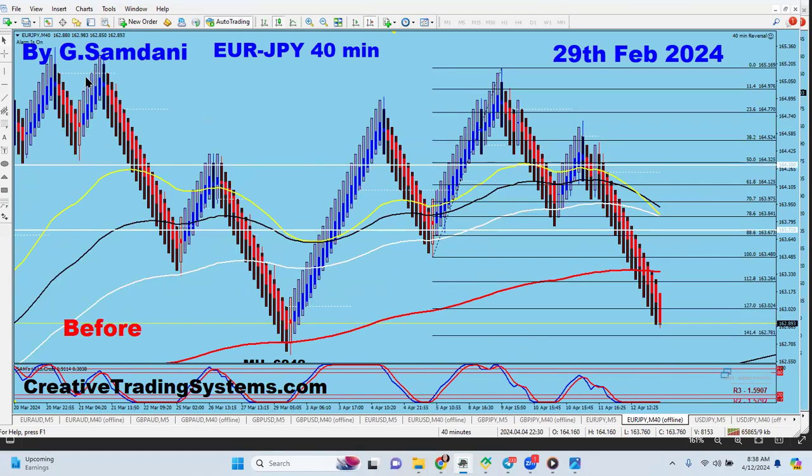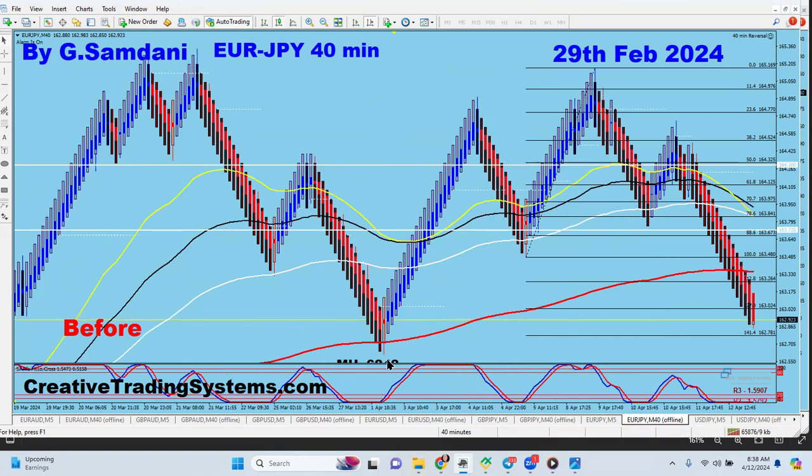Now, from an Elliott wave perspective, you see this ABC correction. This is A, this is B, 1, 2, 3, 4, 5 all the way. Wave C is going to go below this. Why?